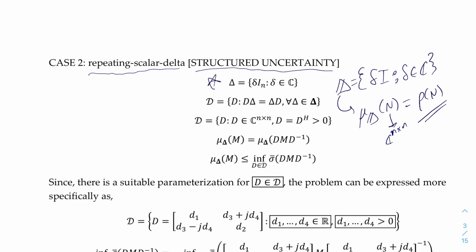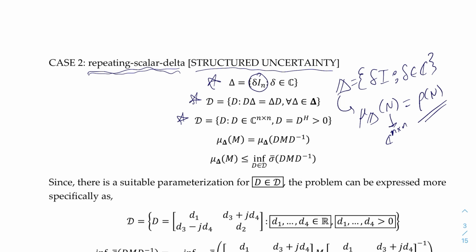Here this is our delta, the repeating scalar diagonal delta case, and here this is the structure of our D set, the corresponding D set.